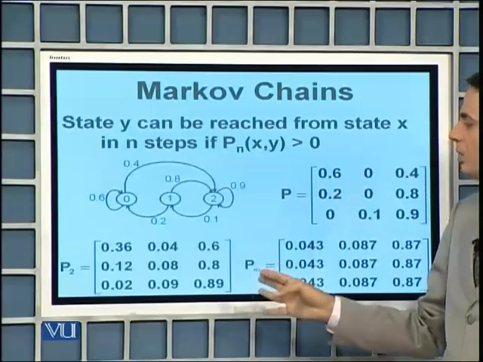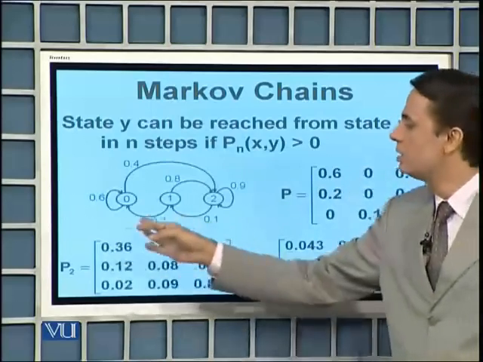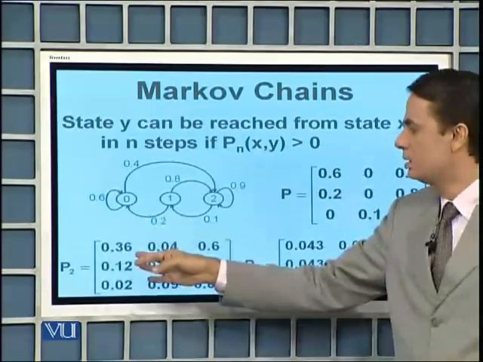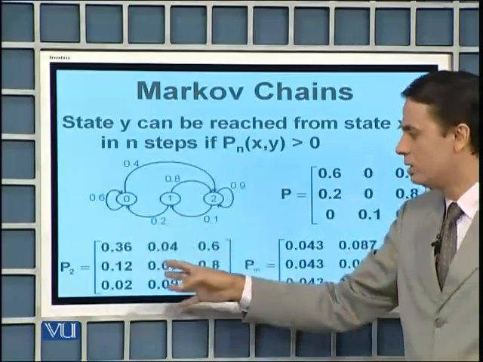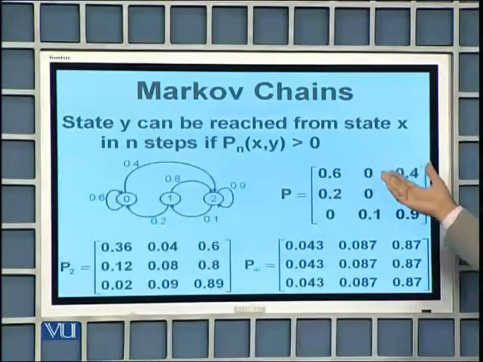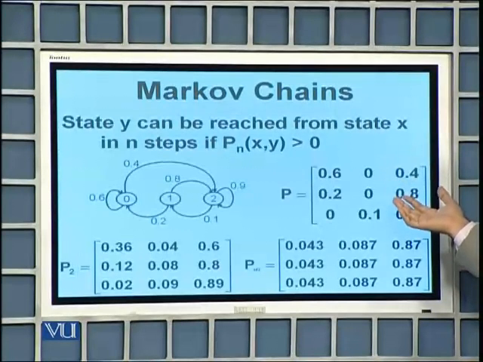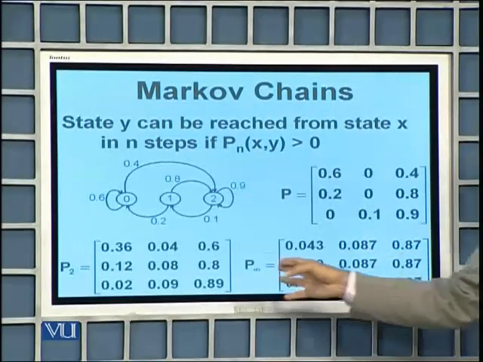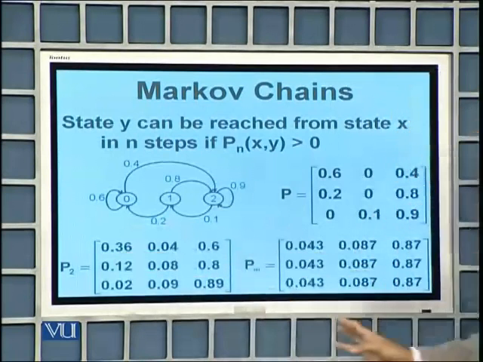Think about that. When this matrix has all values non-zero and you multiply it with the one-step transition probability matrix, you are going to have a matrix with non-zero entries everywhere.